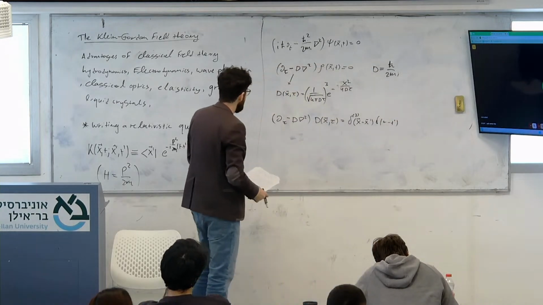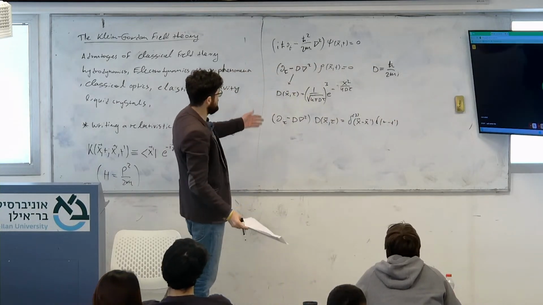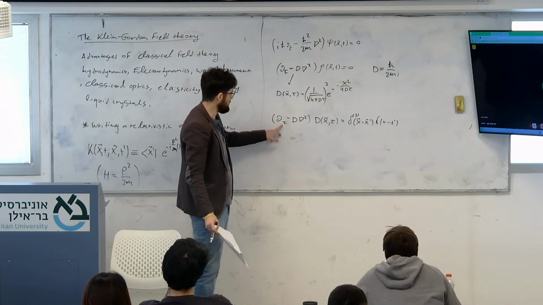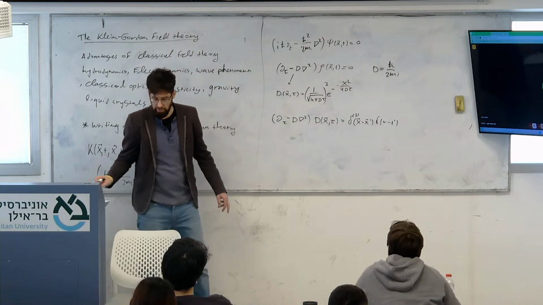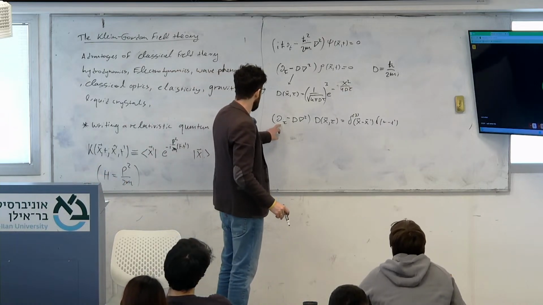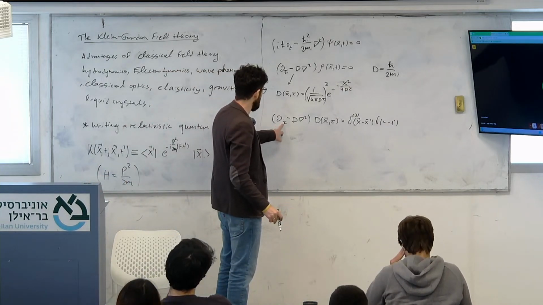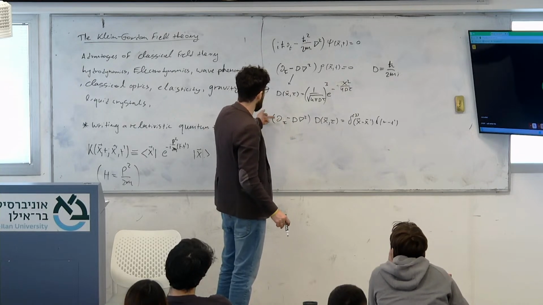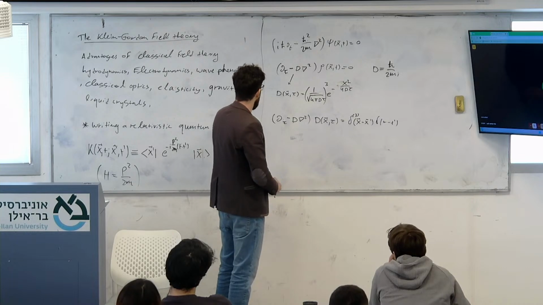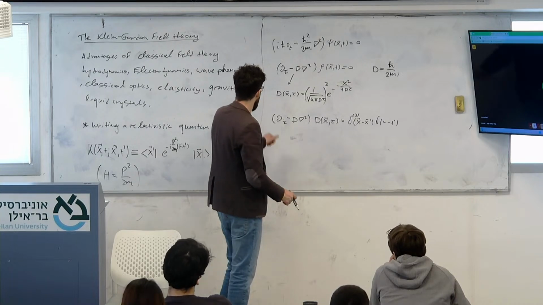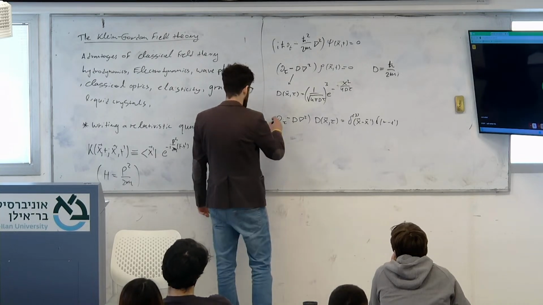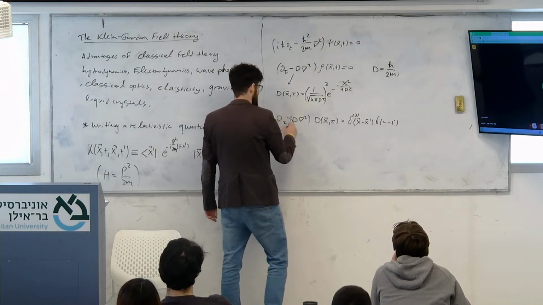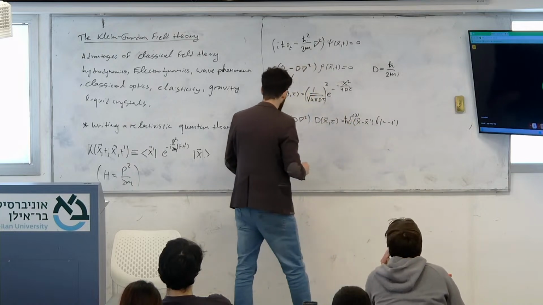Okay, so now all we really need to do is make a change of variables. We can do analytic continuation on tau, and we need to multiply everything by h bar, right? So we can write h bar, and then we get an h bar here.